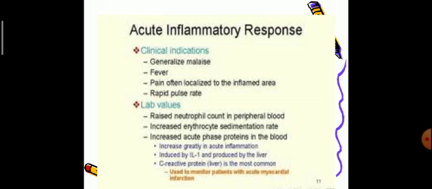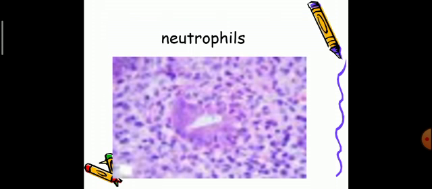C-reactive protein, CRP, is again produced by the liver, and that is also an important protein that increases in acute inflammation, and is used to monitor patients in acute myocardial infarction.